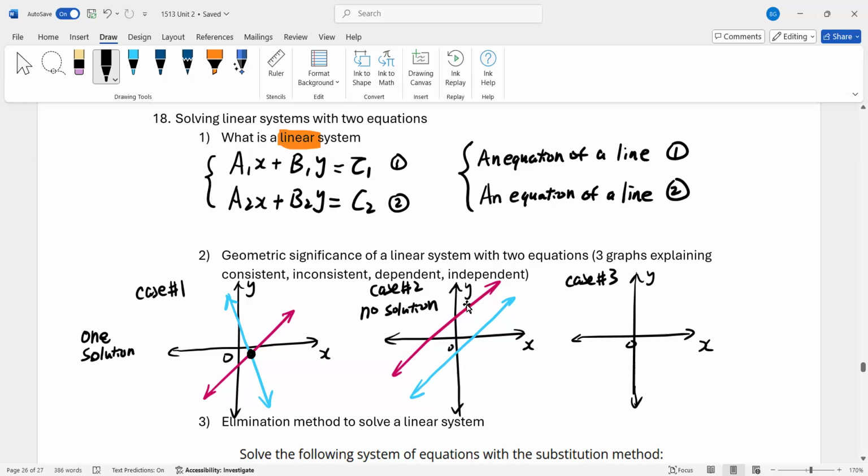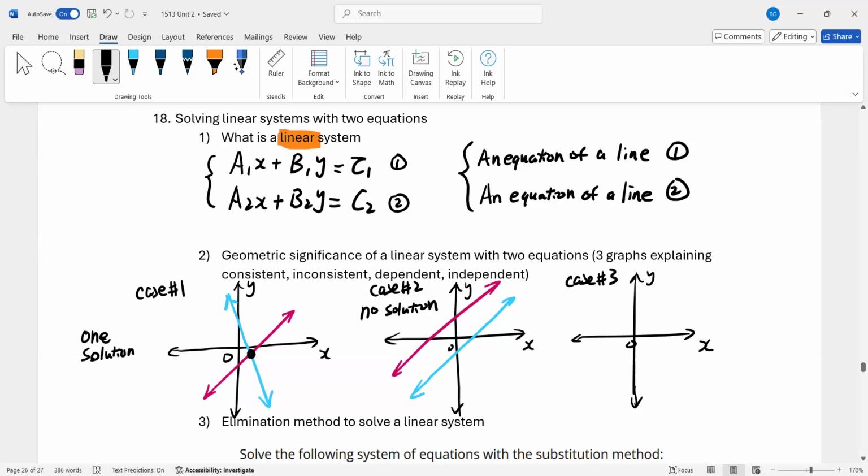And there's no such point in this case 2, because the two straight lines are parallel, right? They do not have any common point. So in this case, the system has no solution. We're going to look at it again later when we have a specific problem.